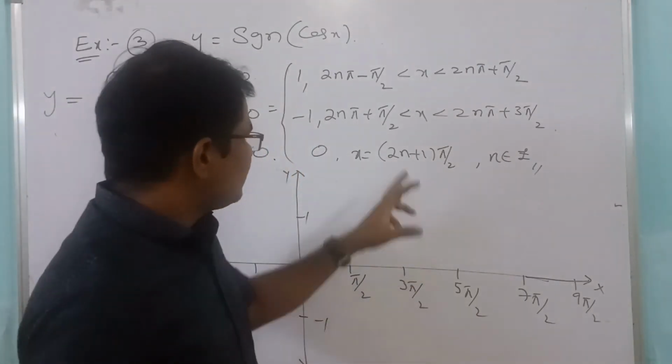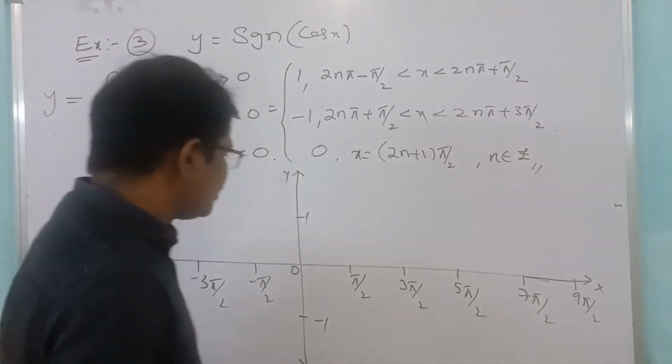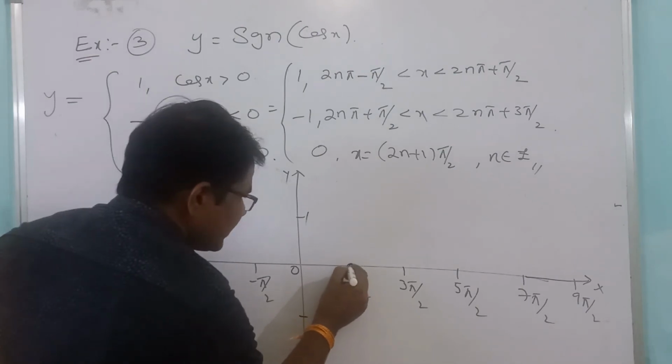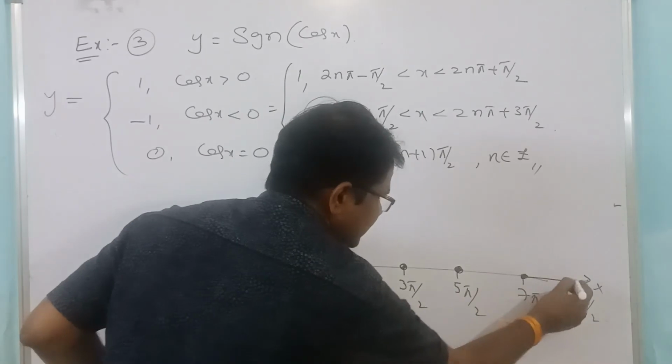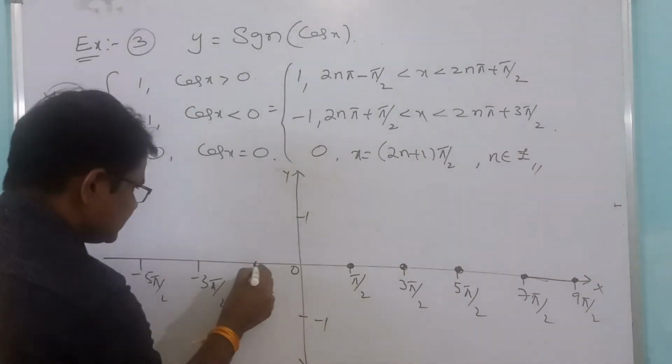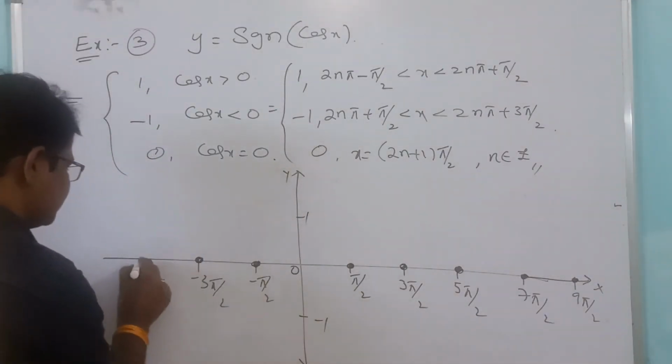Now n equal to 0, x equal to pi by 2, so here y value is 0. Here and here also y value is 0. Next, here also y value is 0.